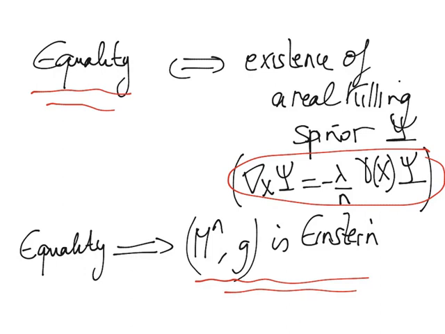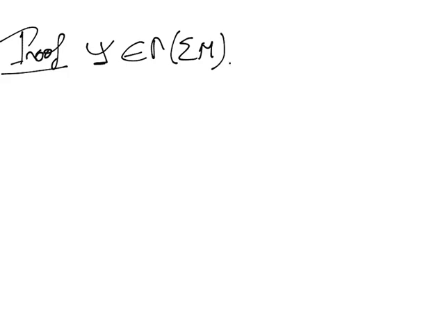Okay, so let's make the proof. Again, the proof is based on the Schrödinger-Lichnerowicz formula. First of all, you take any spinor field and try to calculate the norm of D psi squared.